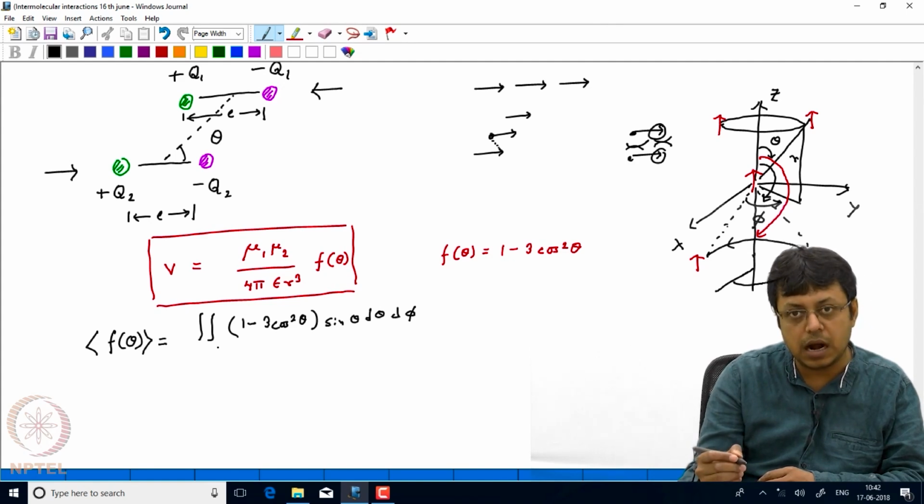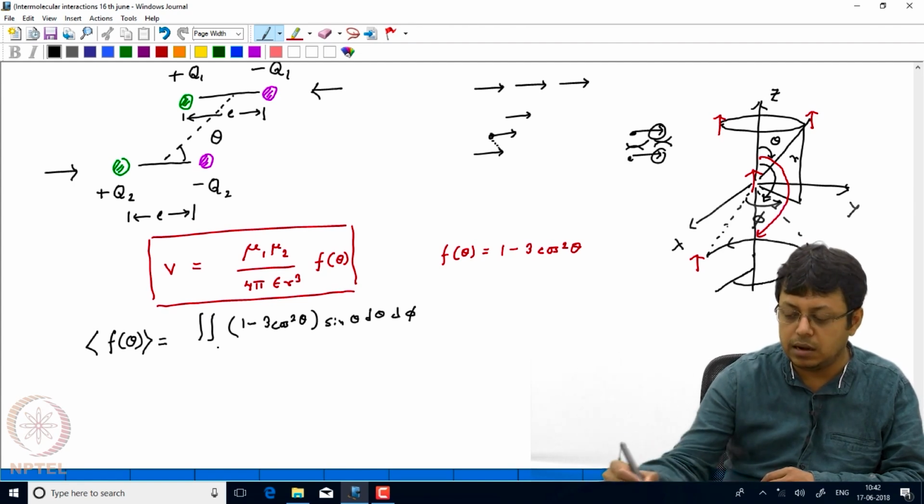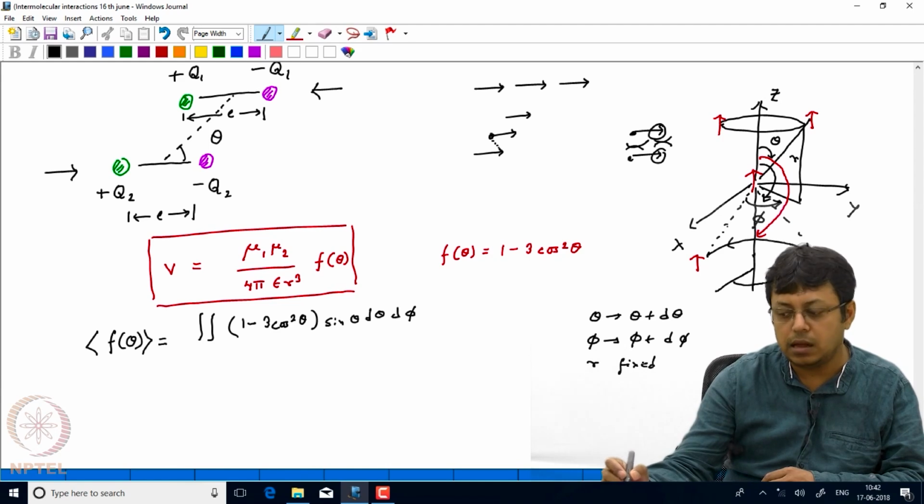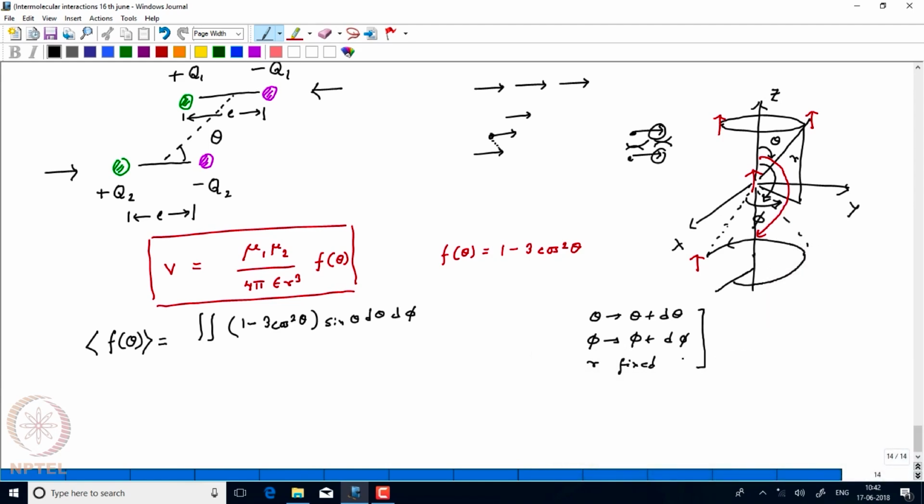Since we are keeping the r constant, we can actually ignore that. Originally this area swept, if I go from theta to theta plus d theta and phi to phi plus d phi for fixed r, you can easily calculate that this area will be r square sin theta d theta d phi.